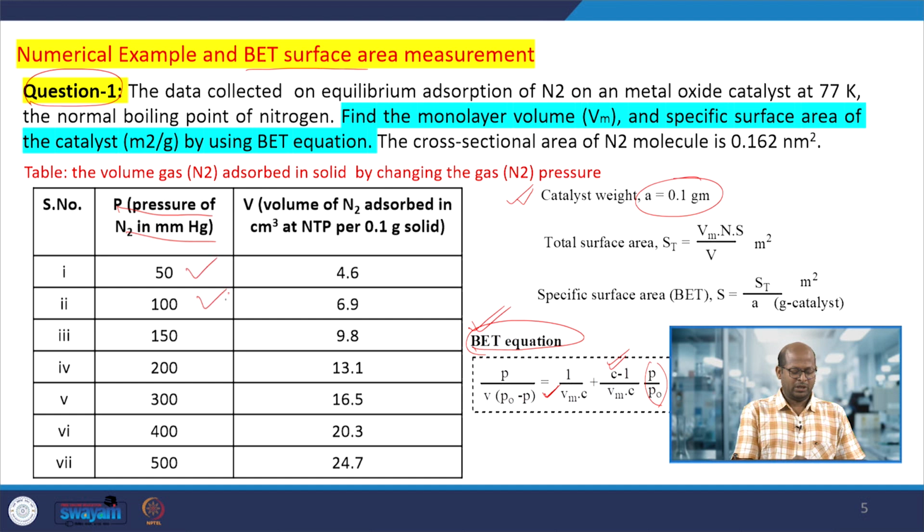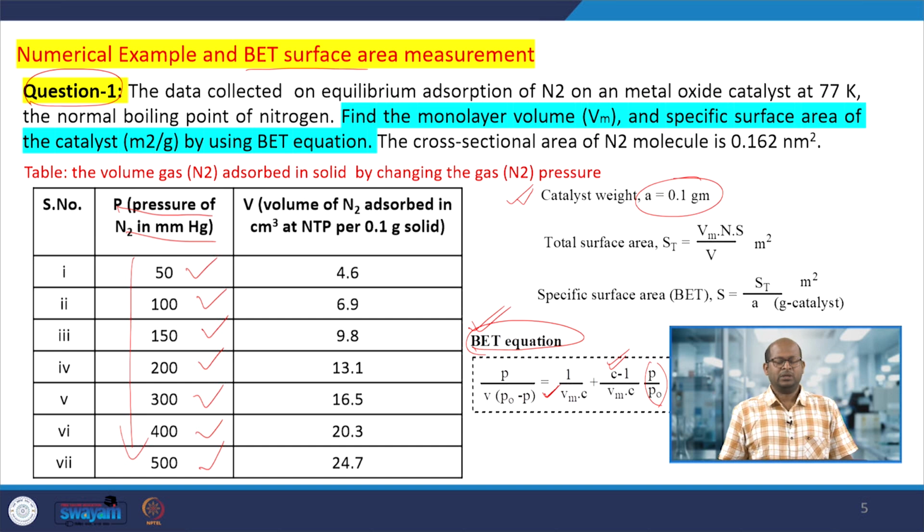We are increasing the partial pressure from 50 to 500 millimeters of mercury while the adsorption experiment is conducted using that porous material or catalyst. Then the volume adsorbed over that material gradually increases as we increase the pressure. That is the experimental data we have obtained.